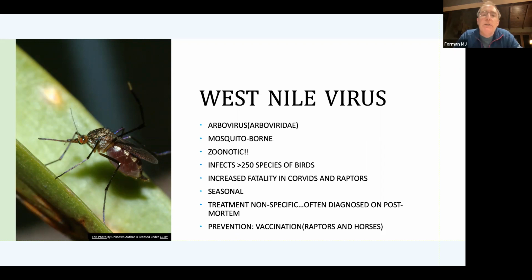So birds like Owlie, for instance, were vaccinated for West Nile. So there is a vaccine. It's really only in raptors and horses. And as you can imagine, you want to vaccinate earlier in the summer or spring, so you have good immunity for when they need it most in the late summer and early fall. And the vaccine really is quite effective.